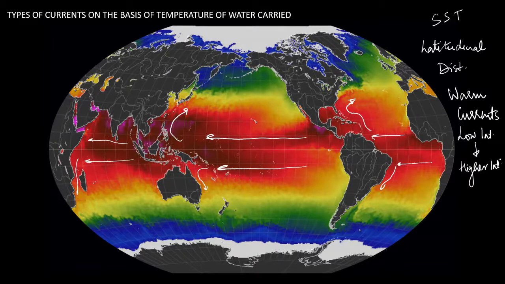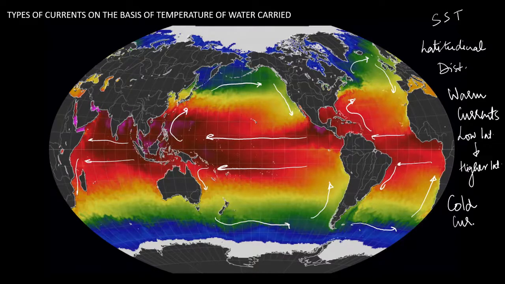Now, all those currents which operate in the temperate and polar regions, which are responsible for the flow of cold water, such currents are called cold currents, just because they carry cold ocean water.